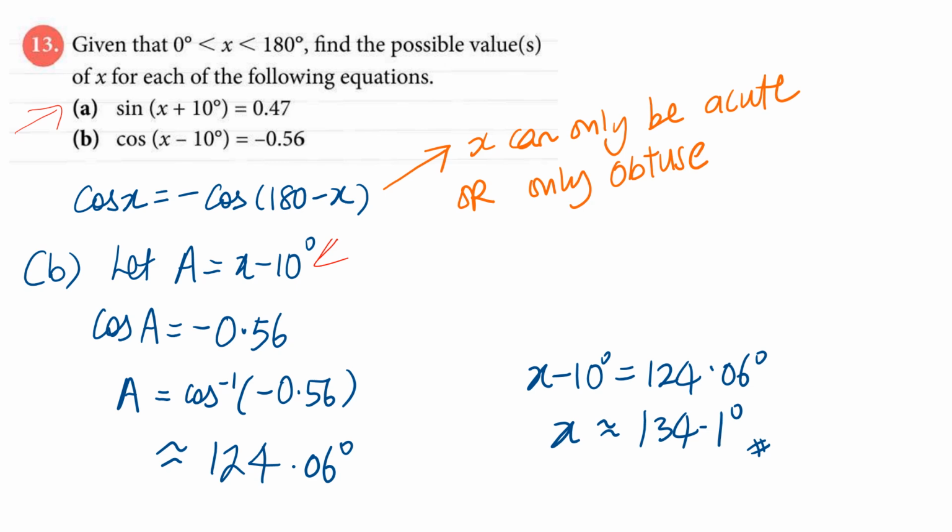For cosine, if the ratio for cosine x is positive, then x is the acute angle only. If the ratio you get is negative for cosine, then the angle is an obtuse angle only. So for cosine, it can only be acute or obtuse. For sine, it can be acute and also obtuse.